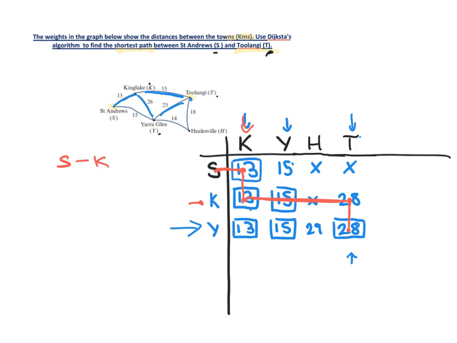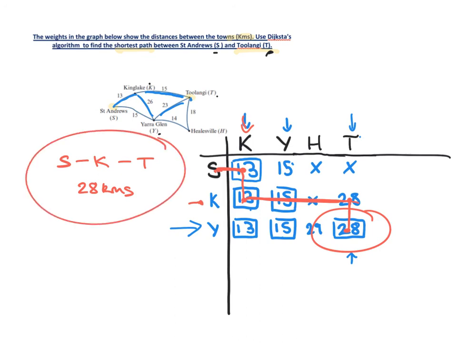And then we include our last finishing vertex, which is T. So we go S, K, finish at T, and its length is the last box that we finish in for T. So it has a length of 28 kilometres. Few steps, have a look at the further examples. This is the path, S K T, length is 28 kilometres.